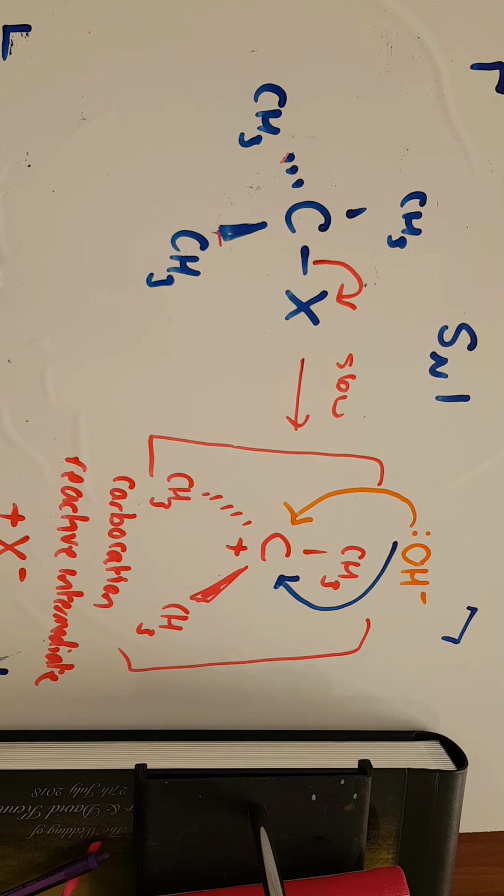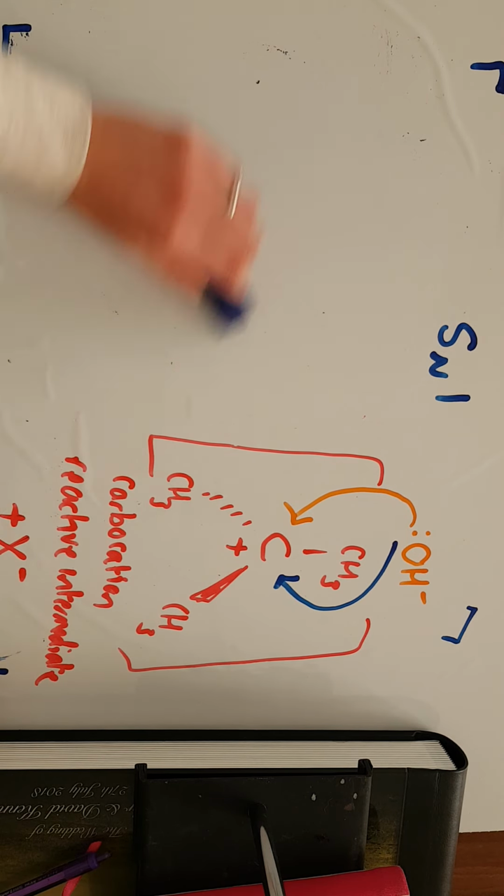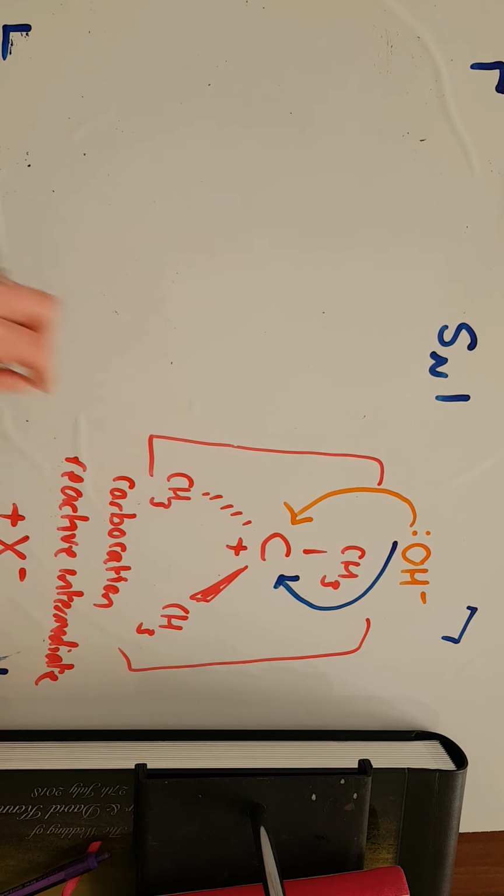Okay, so I'm going to rub this out, get a little bit more space and draw the next step. In fact, to save a little bit of time, I'm just going to go backwards here and draw what the products would be.